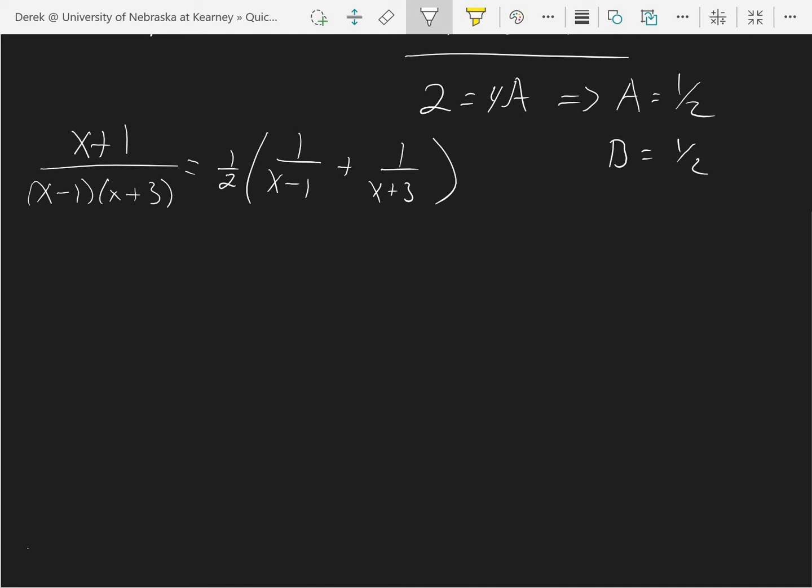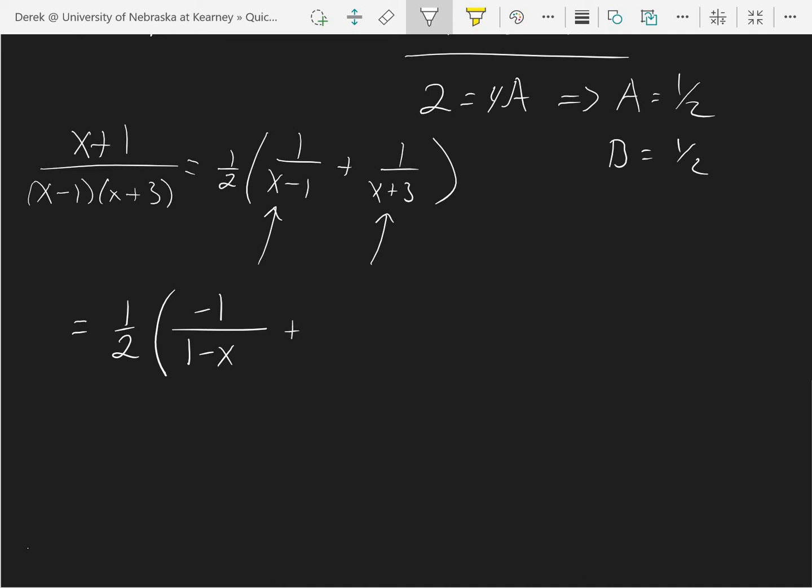Okay, so these look kind of like a geometric series expansion, so let's write them a little bit more like that. This is going to equal 1/2 of negative 1 over 1 minus x. Now that looks like a over 1 minus r for sure, where a is negative 1 and r is equal to x.